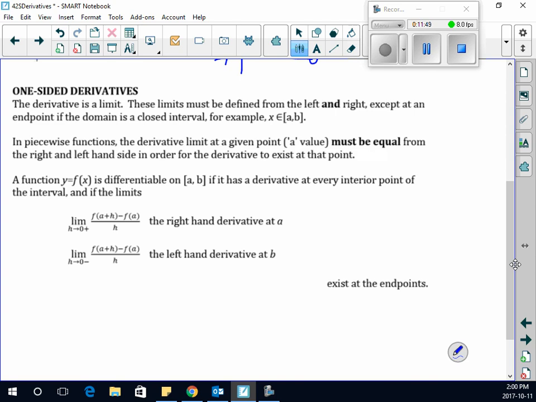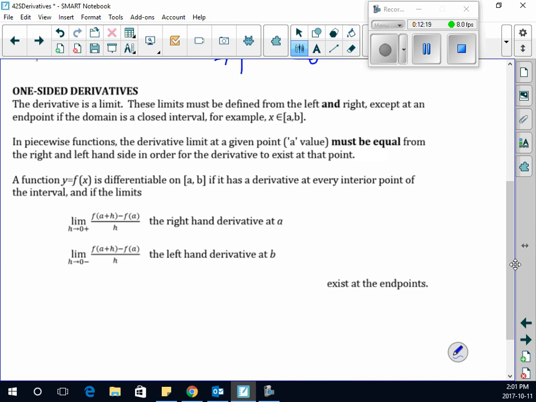One-sided derivatives. The derivative is a limit. These limits must be defined from the left and the right except at an endpoint if the domain is a closed interval. In piecewise functions, the derivative limit at a given point, some a value, must be equal from the right and the left for the derivative to exist. So essentially what I'm doing is I'm giving the definition of a function being differentiable.